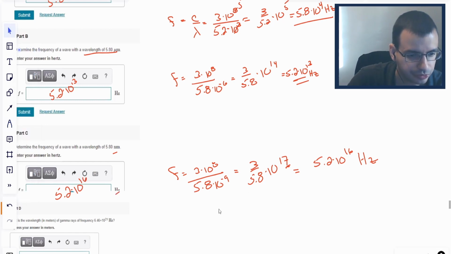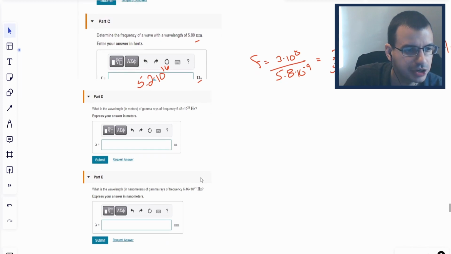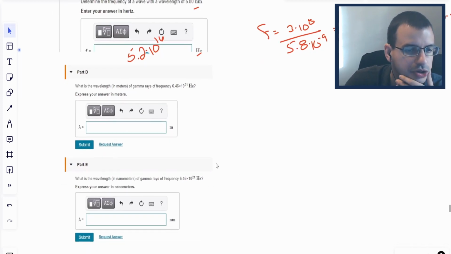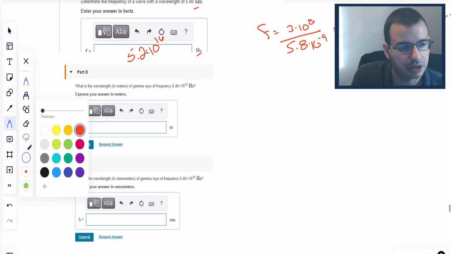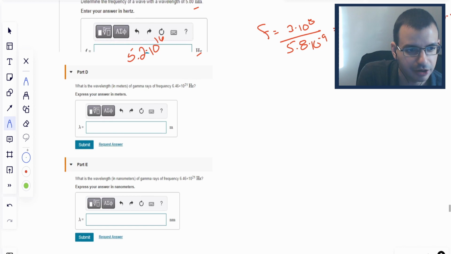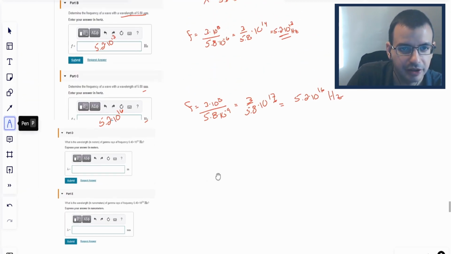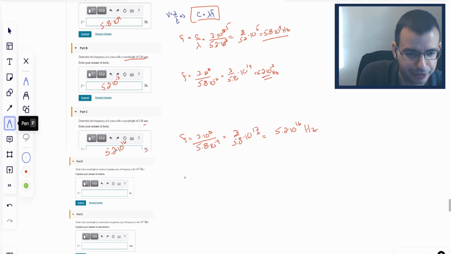Okay. So now we got that. What is the wavelength in meters of gamma rays, which is just a specific band, a frequency band of electromagnetic radiation. And we want to find the wavelength. So we're going to go back to our formula. I know you think I'd have it memorized. I don't.